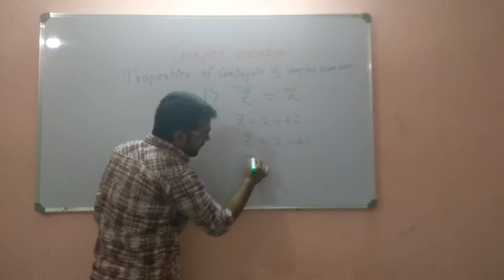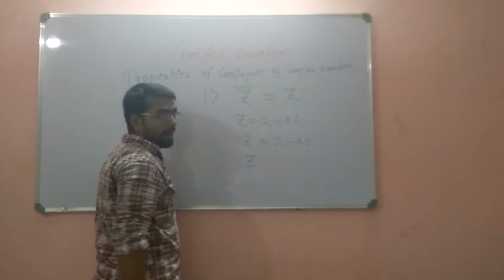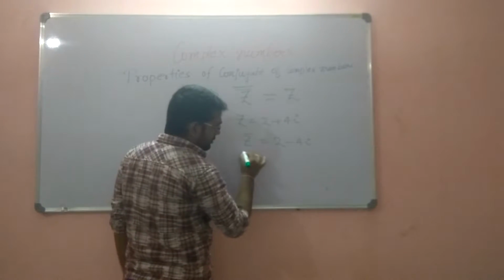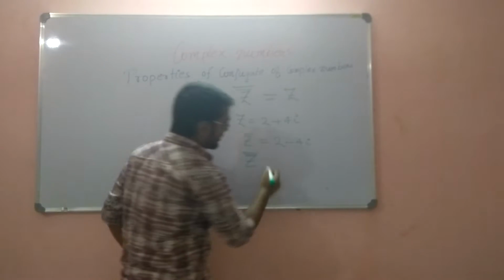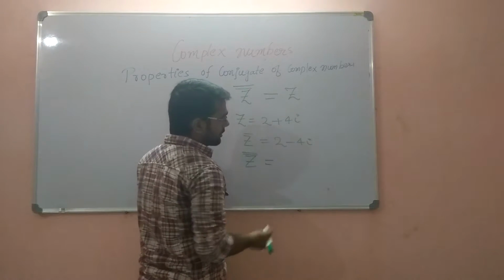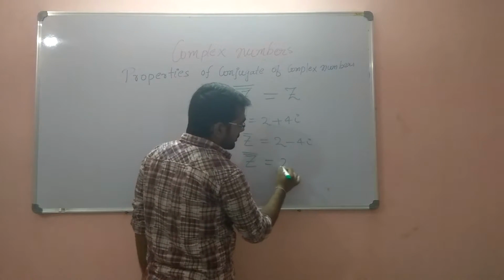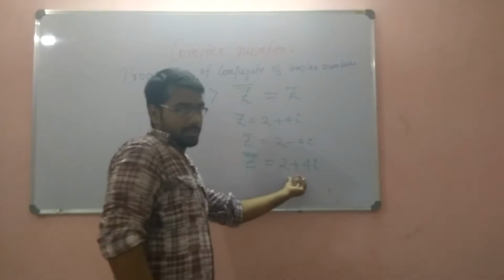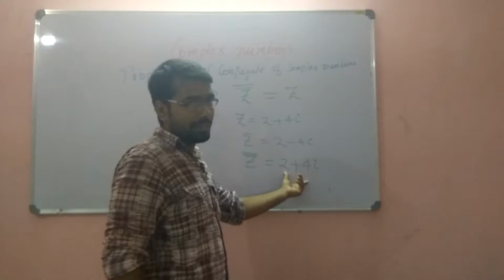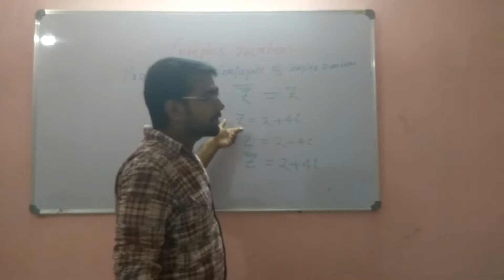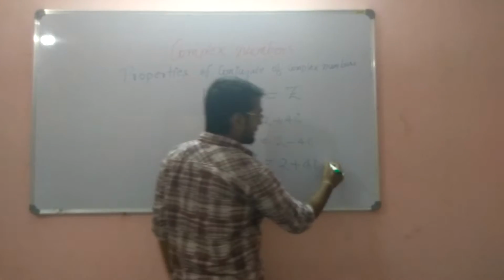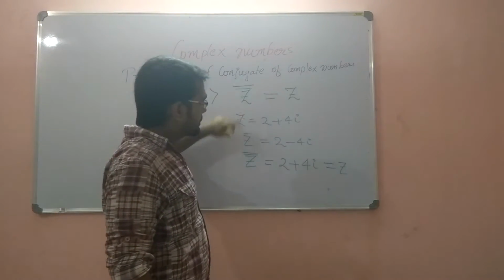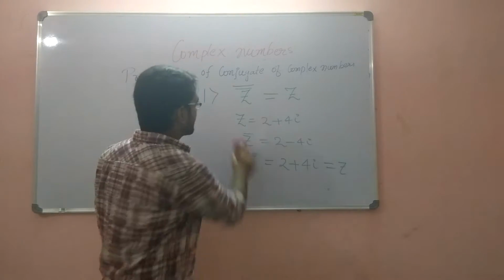Now, if we take the conjugate of this conjugate, we again just change the sign, so 2 plus 4i, right? Now this obtained complex number is equal to the original complex number that we had, that is z. So this property is proved like this, right?